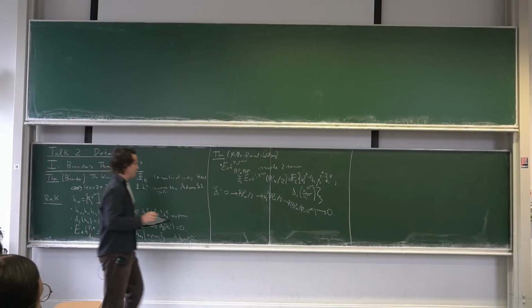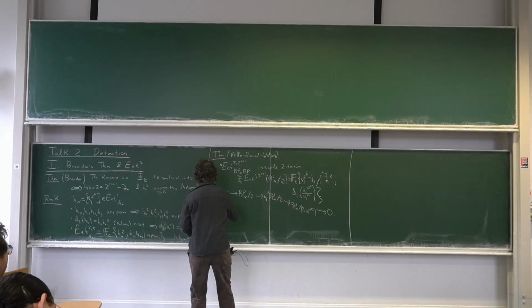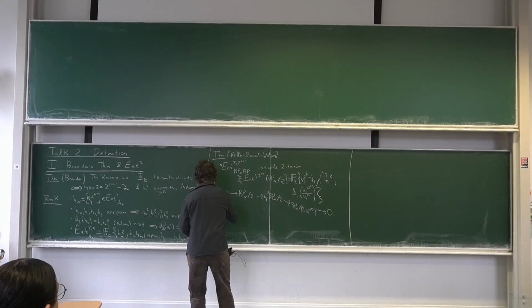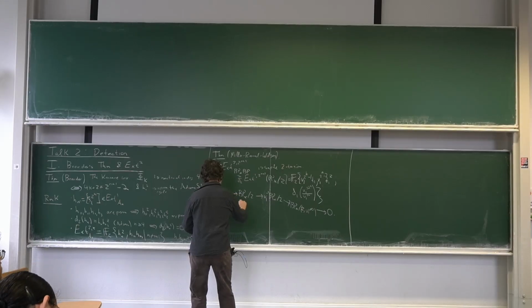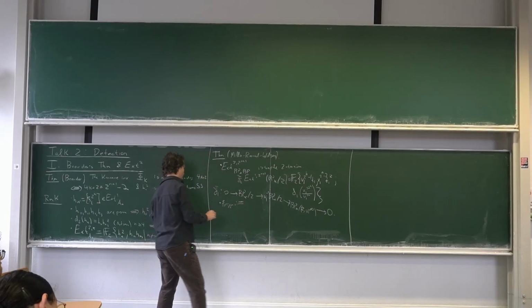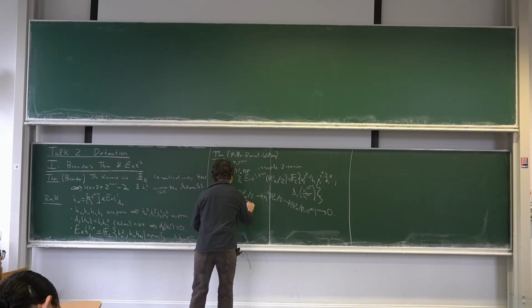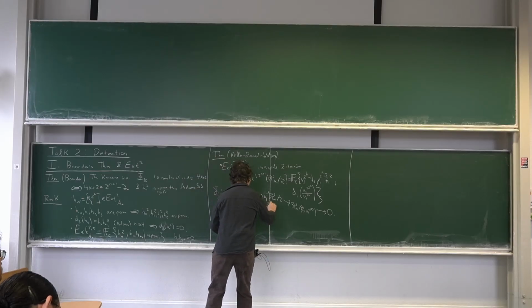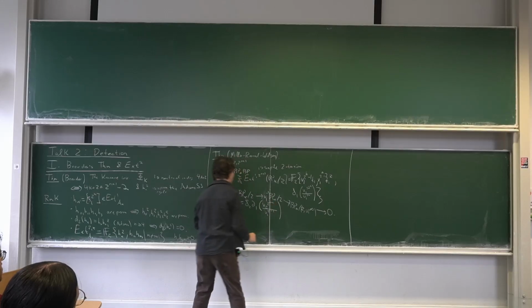I'm going to just state a couple more facts about this basis. First of all, I want to give a name, 2 to the n minus 1. I'm going to define this class beta_{2^{n-1}/2^{n-1}} to be partial 2, partial 1 of this class here.